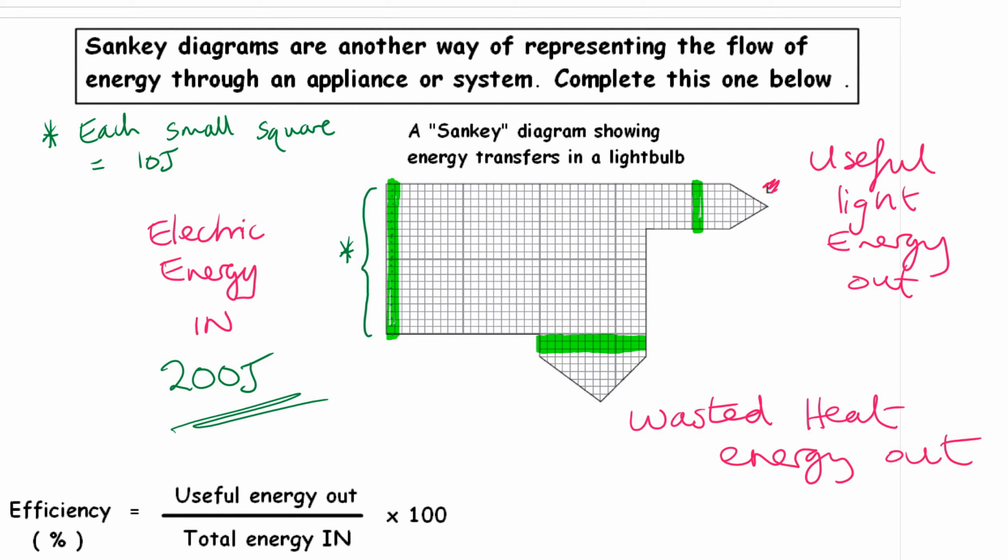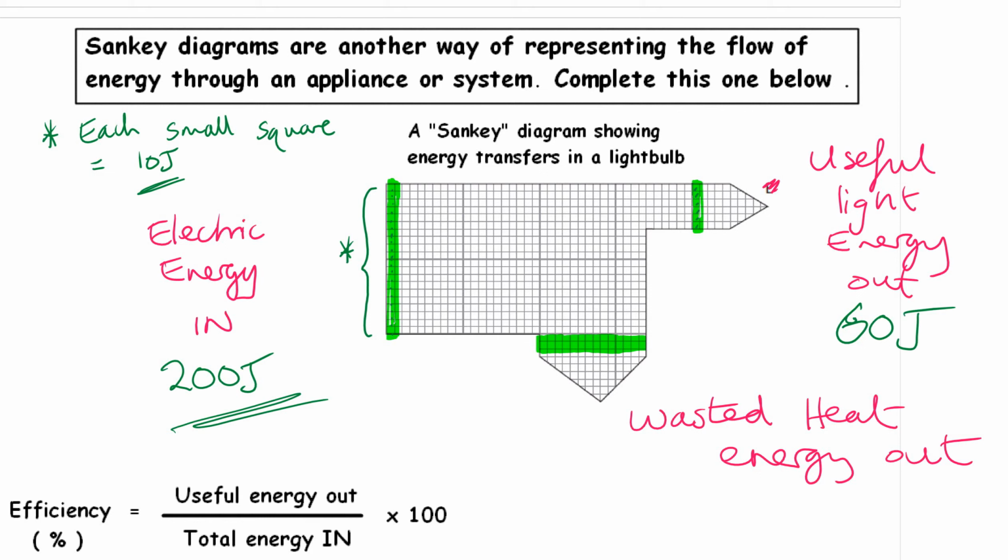Now, in the useful energy, we have got 1, 2, 3, 4, 5, 6. Multiplied by 10 gives us 60 joules of useful light out.